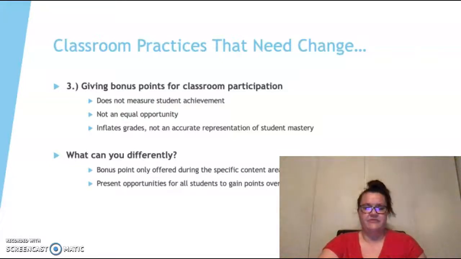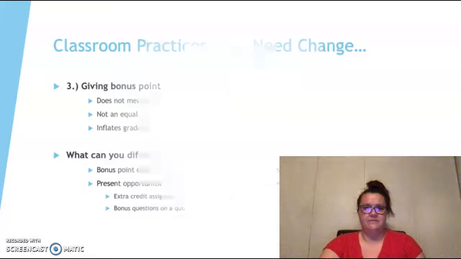For this to be a form of differentiated practice, each student needs to be given an equal opportunity for points. Asking all students to complete an extra credit assignment is a better showing of their knowledge of content. Having bonus points on a quiz or a test is another way that bonus points can be acquired by students because they are presented during the current topic being learned.